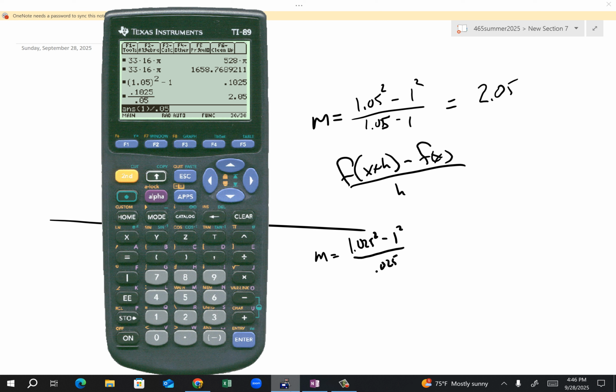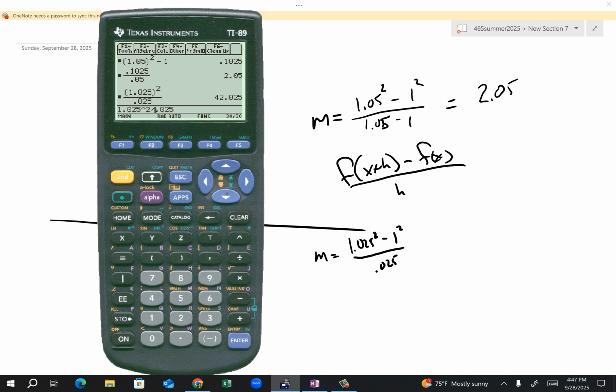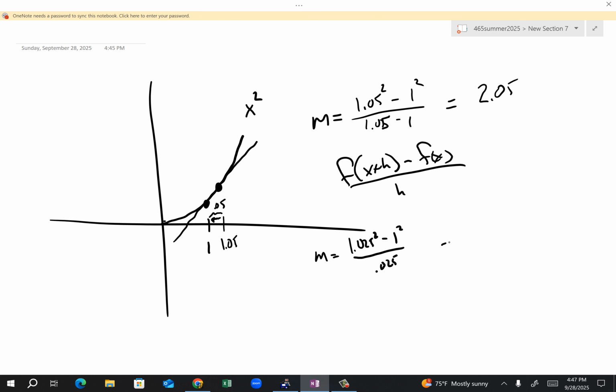Love you for asking it. 1.025 squared, minus 1, divided by 0.025. Oops, I made a mistake, my bad. And lo and behold, it's about 2.025.